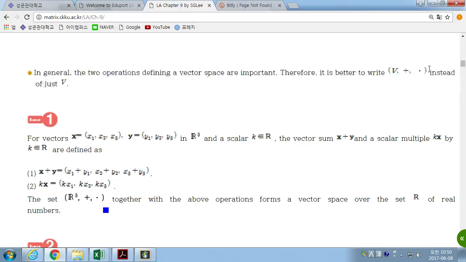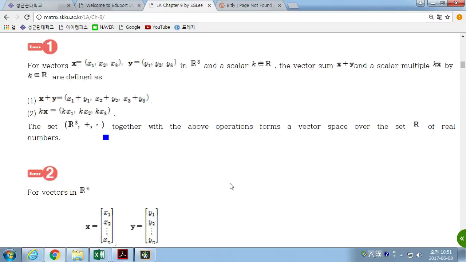So for the same non-empty set with different operations that satisfy the 10 properties, we have different vector spaces each. So the same non-empty set can have many different vector spaces with different operations.